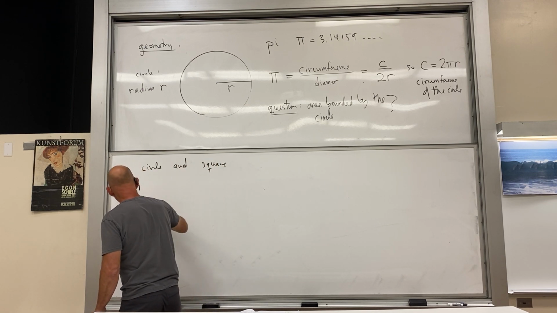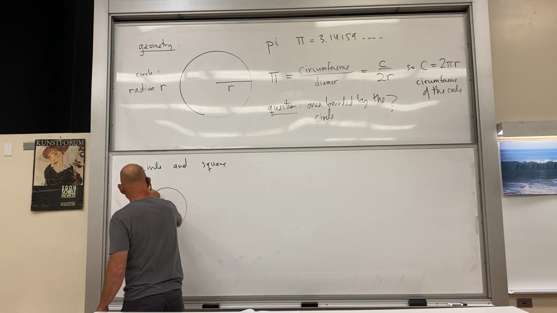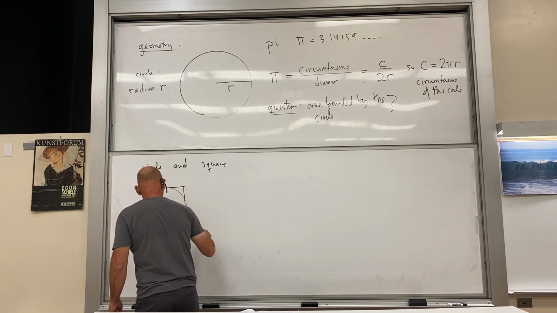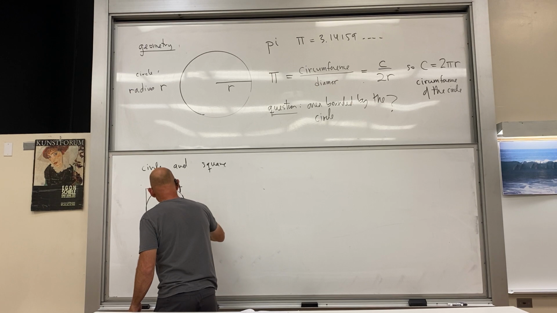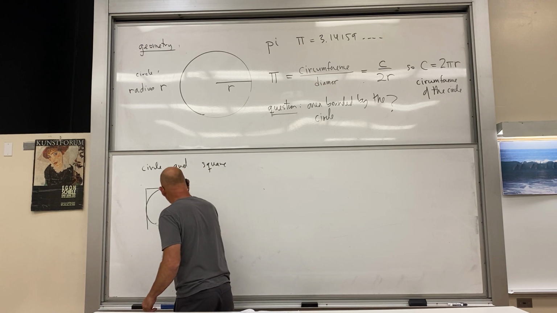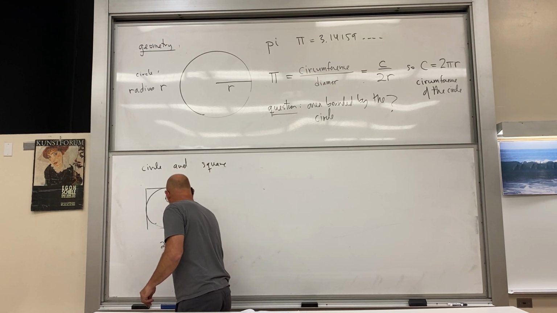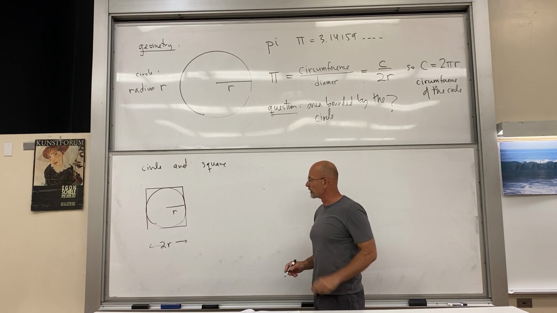This is one of these projects we actually do in the class for teachers. So feel free to do the same thing if you're so inclined. Cut out a circle and a square. So here's a circle of radius r. So clearly the square is of side 2r. I have a circle and a square.